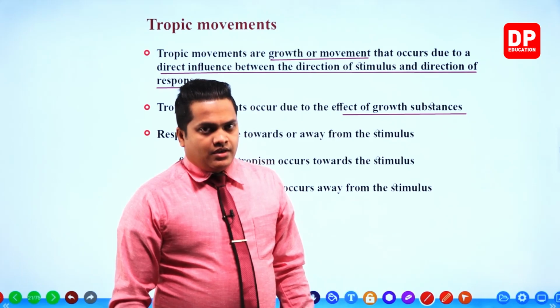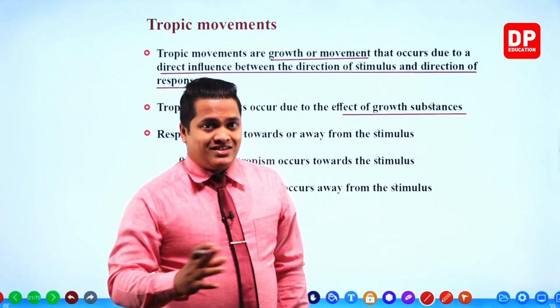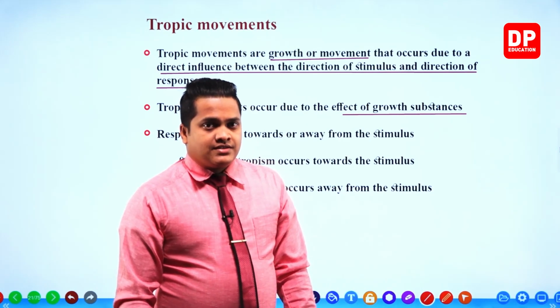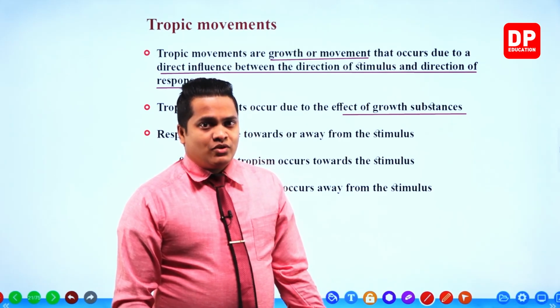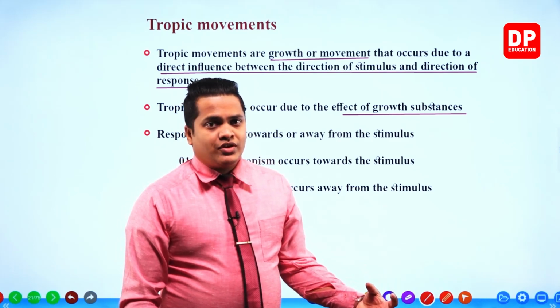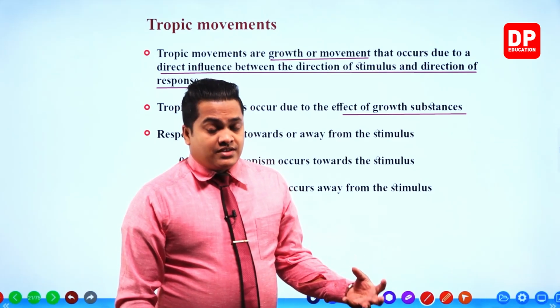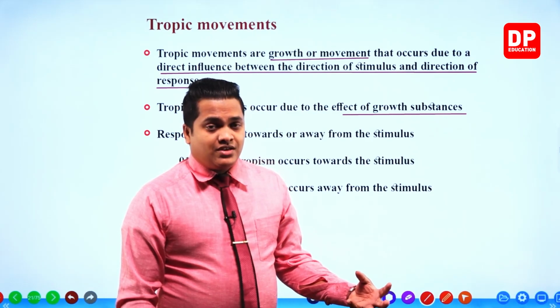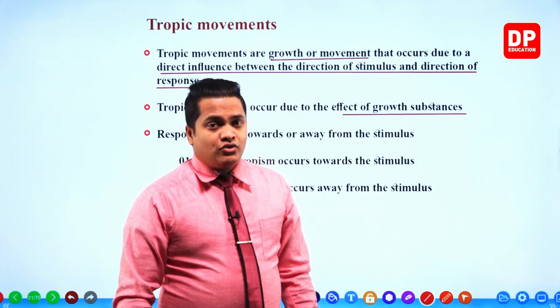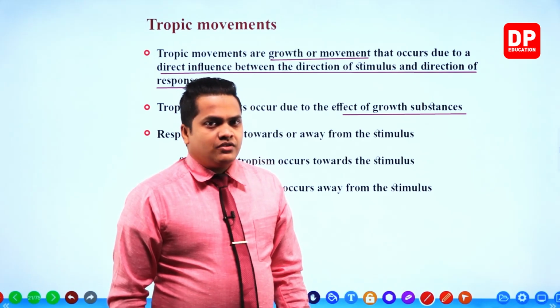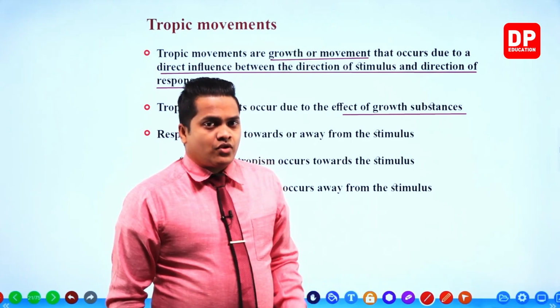Not in both directions in the same plant, but when you take different instances, sometimes the response can be observed towards the stimulus. Sometimes the stimulus is coming from a certain direction, but the response is given in the opposite direction. So according to that, we can observe two types of trophic movements.